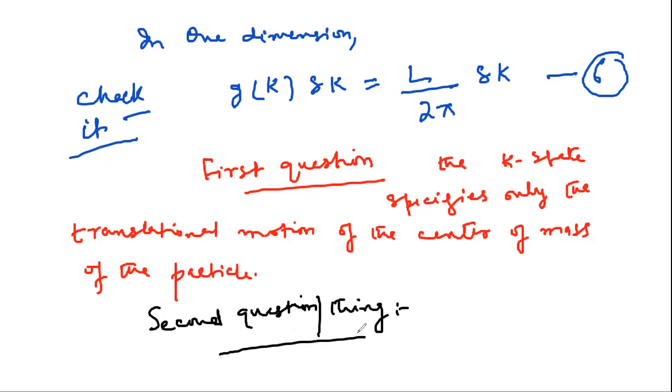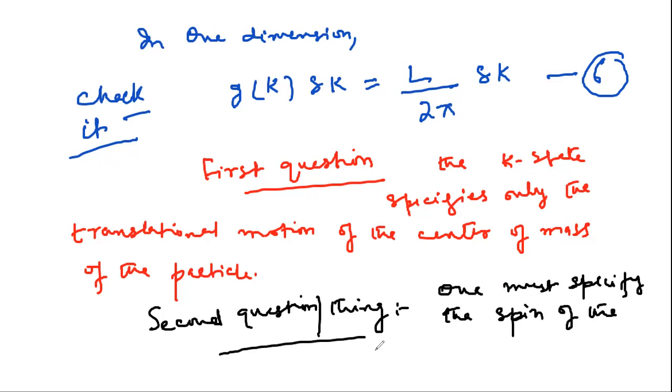That is, even for a simple particle, one must specify the spin of the particle.